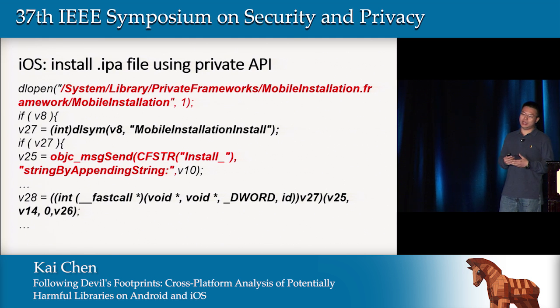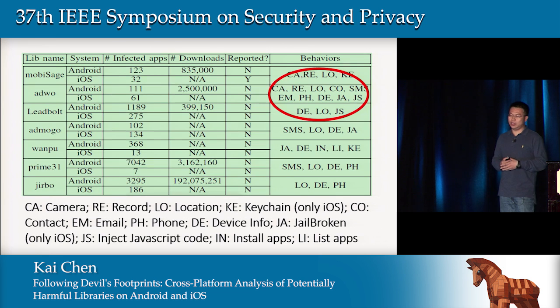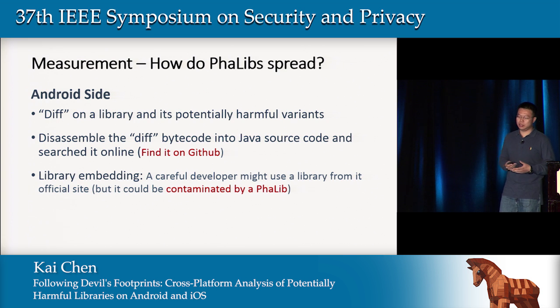The file is in an enterprise certificate, and it uses a private API to install, like here, in red font. We also found that some libraries have many potentially harmful behaviors inside. For example, here AdWall can use the camera, record audio, get location and send it out, and has some other behaviors inside.